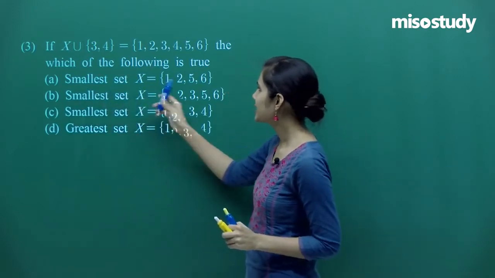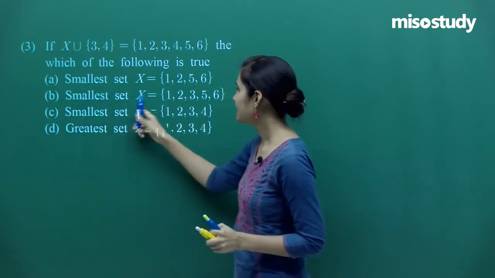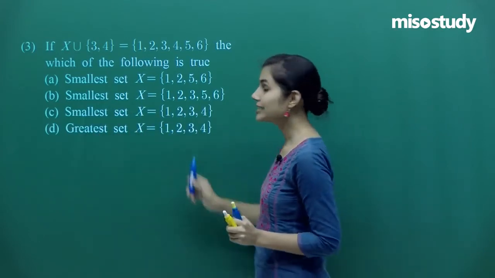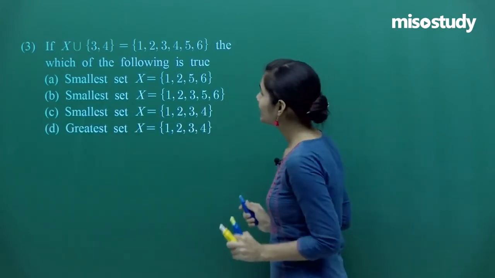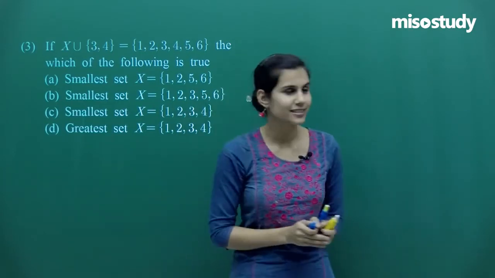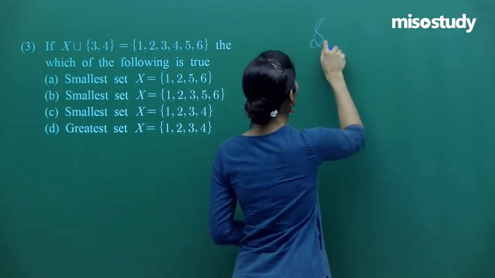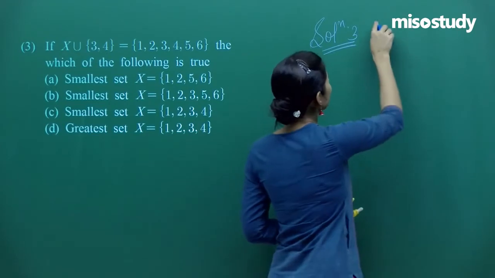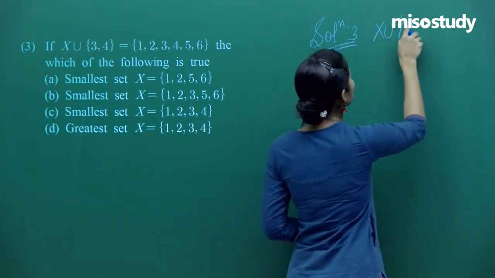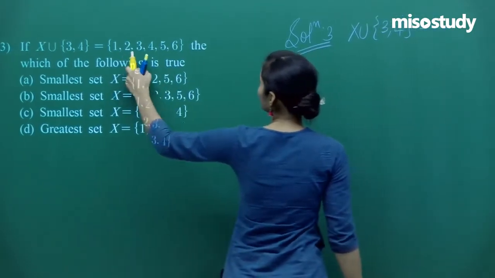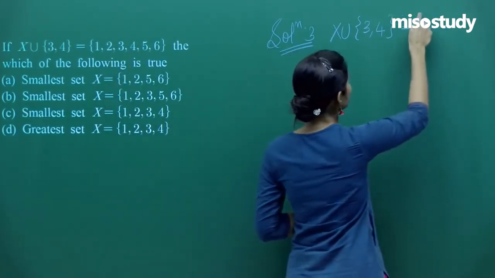Smallest set X is this, or smallest set X is this, or smallest set X is this, and the greatest set X is this. Let us try and see among the 4 options which one suits us the best. I am given that X union 3, 4 is giving me 1, 2, 3, 4, 5 and 6.